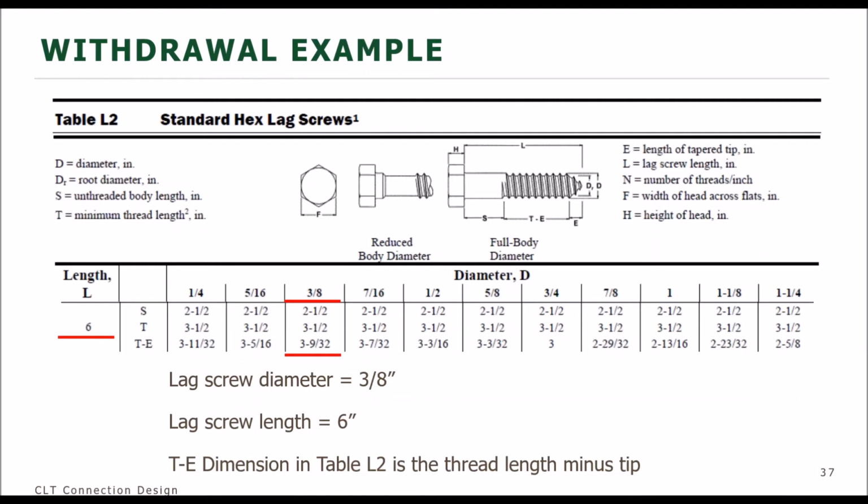We want to pay attention to the T minus E dimension specified in Table L2, which is the thread length minus the tapered tip dimension, as shown in this illustration. That for us is going to be the main member thread penetration.